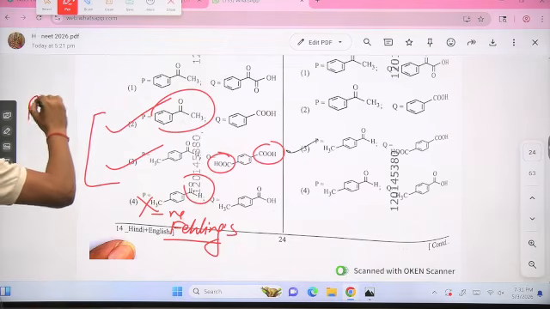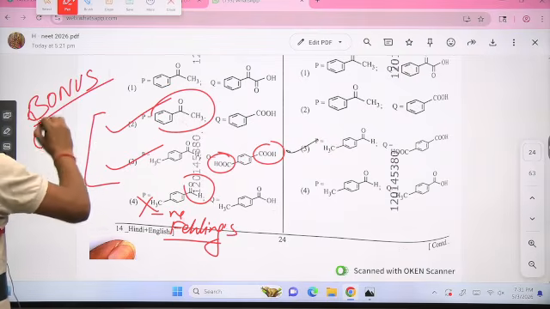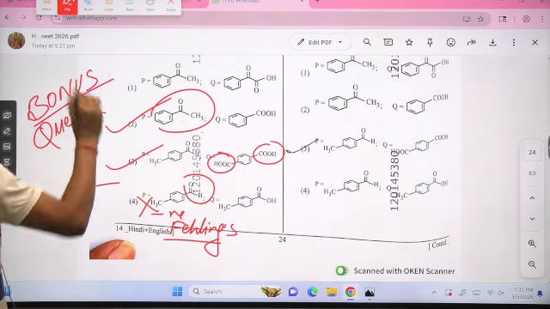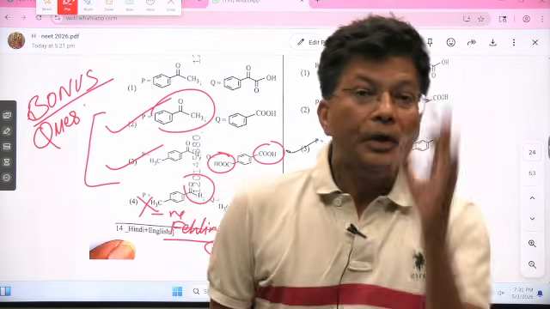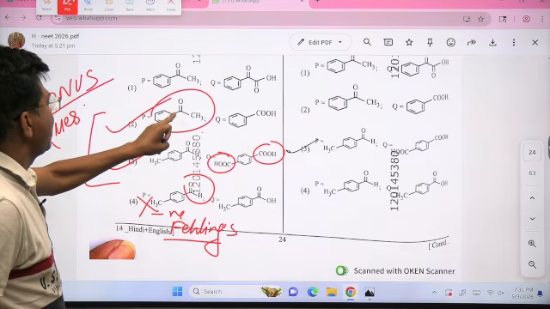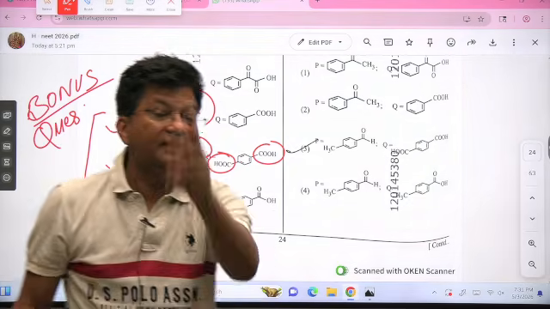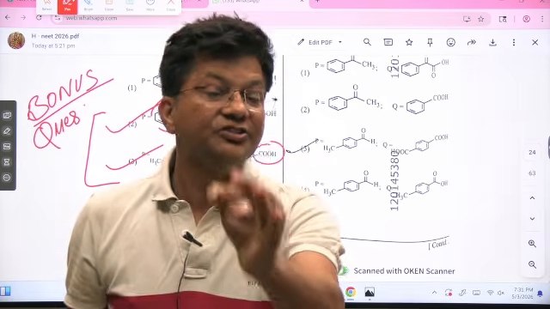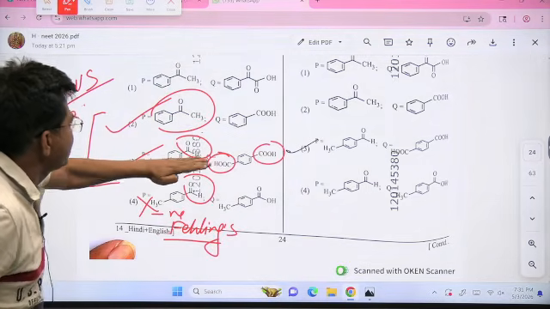So I am saying it has to be treated as a bonus question, my dear students, क्योंकि मेरे according ये दोनों आंसर होने चाहिए. Generally people will say that negative Fehling's test will be given by acetophenone, but benzaldehyde also gives negative Fehling's test, and सारी conditions properly valid हैं, जो इसके लिए valid हैं वही इसके लिए valid हैं.